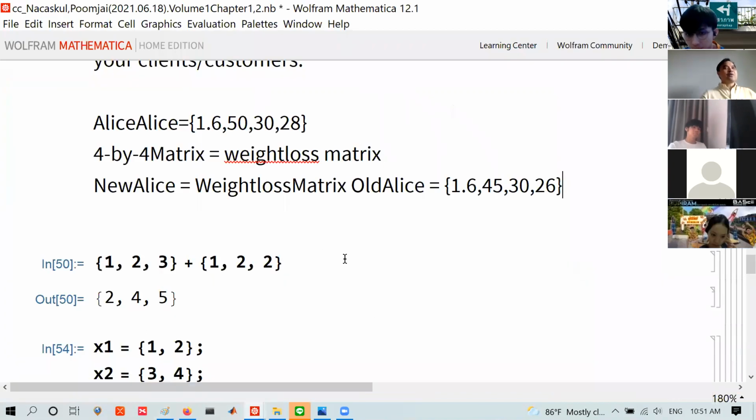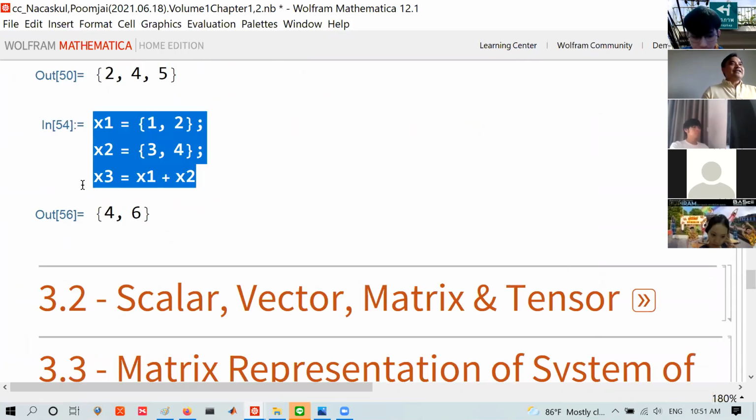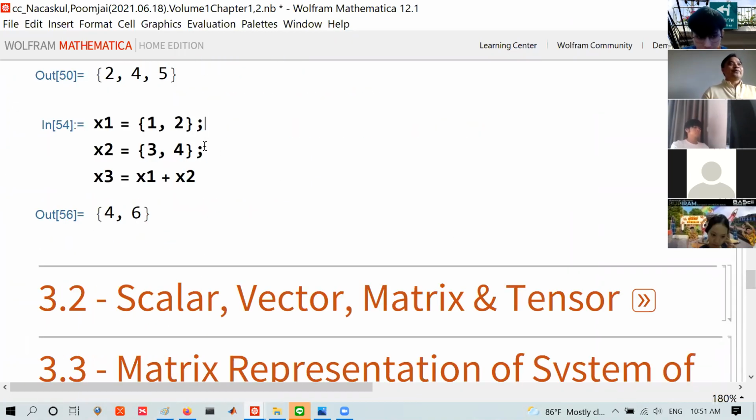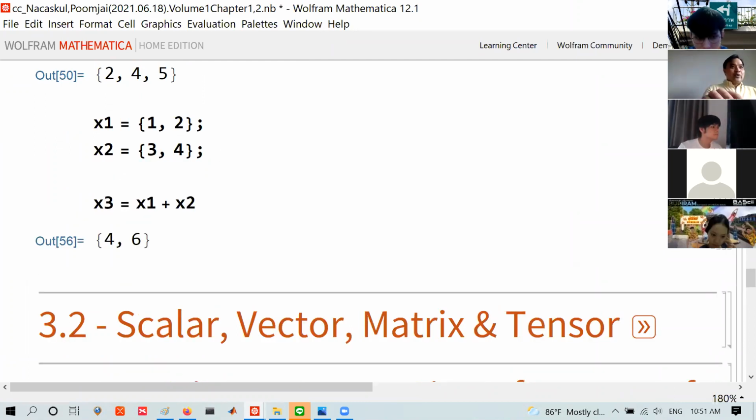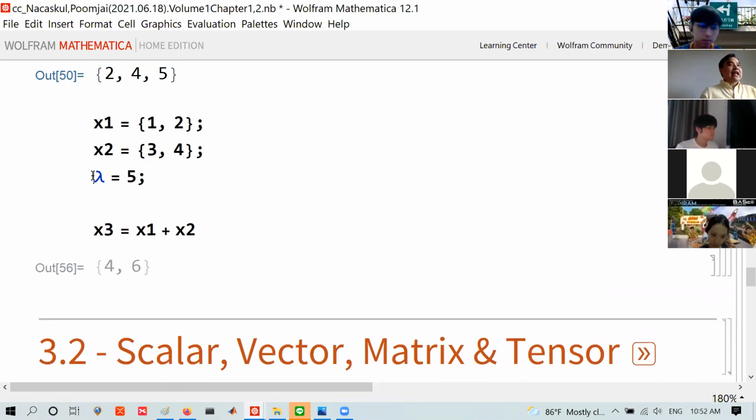So let's look at the numerical example. I'm going to say this is my x1 and x2. So what can I do? I can set lambda equal to 5. What can I produce? I can produce lambda x1.